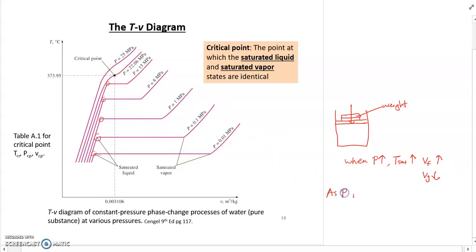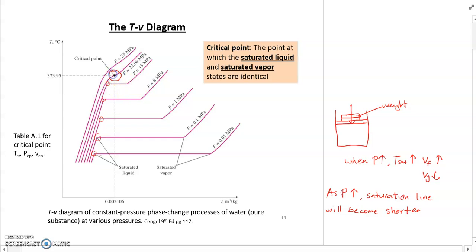As P increases even higher, the saturation line continues to shrink.